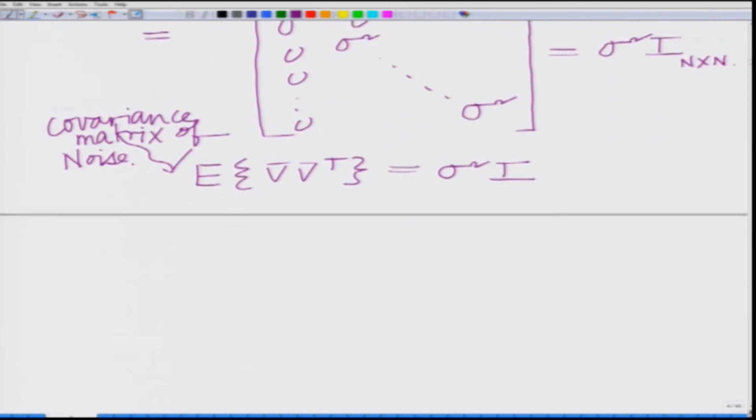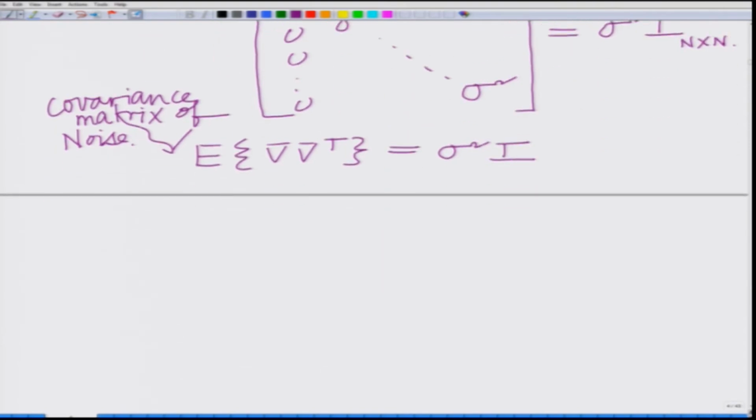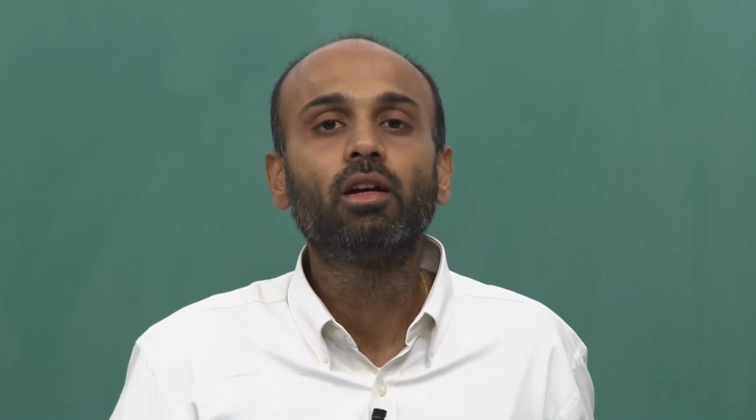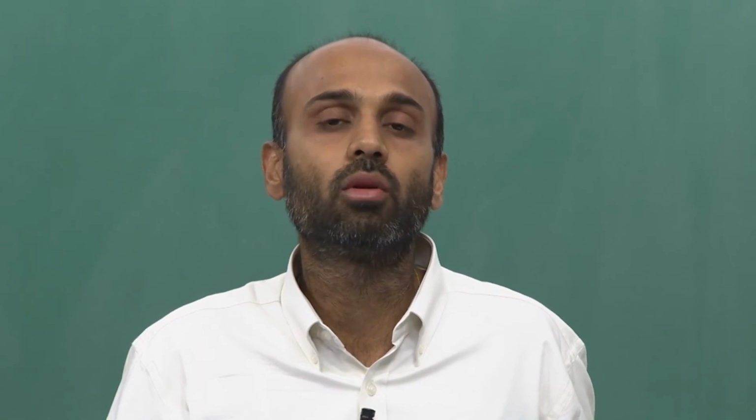Okay. Now, further we are going to make another interesting and important observation, which is also very natural and logical: we are going to assume that the noise vector V bar and the parameter are independent or basically uncorrelated. Of course, since they are both Gaussian, uncorrelated also implies independence, and independence implies uncorrelated, because it is Gaussian.